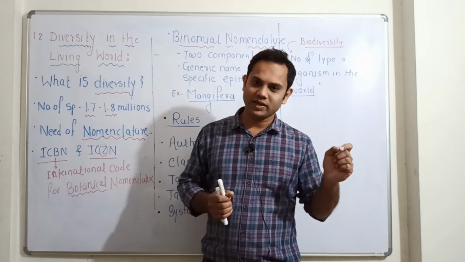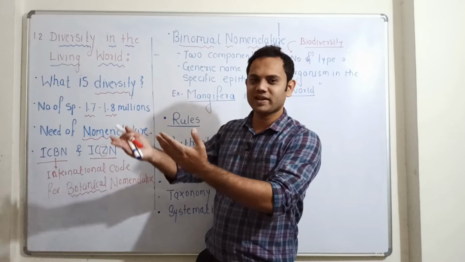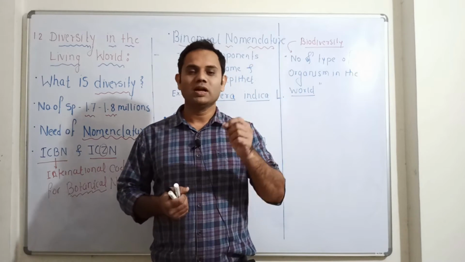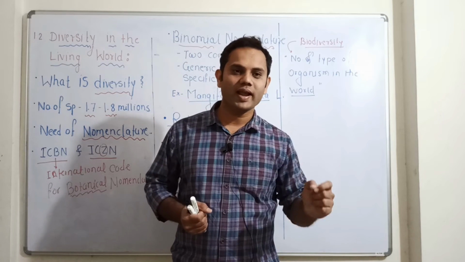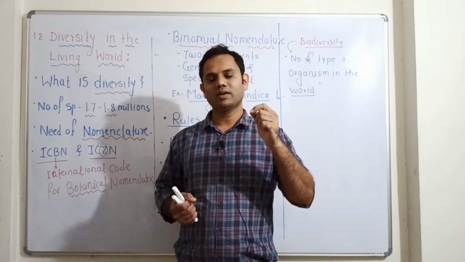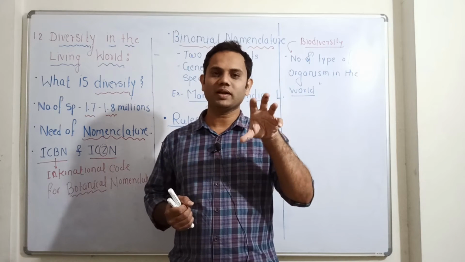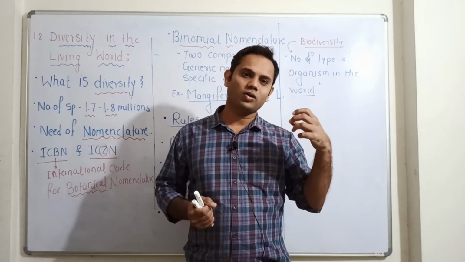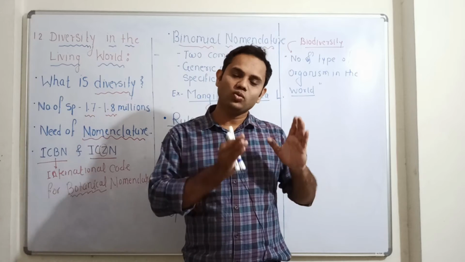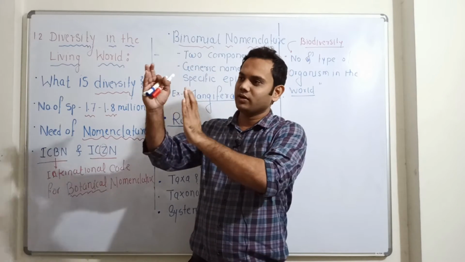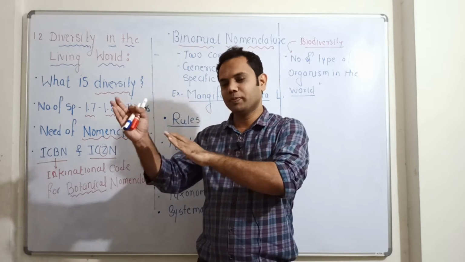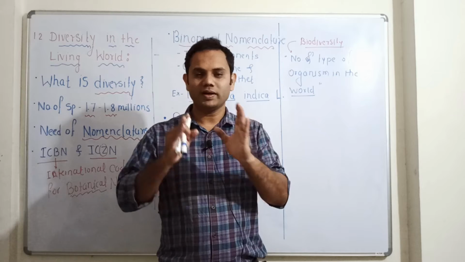Now, I gave you the example of mango. In Marathi it is called amba. If you go to the south, you are not able to tell what you exactly want. So these names are called vernacular names. Vernacular names are those which are spoken in a particular area, and they vary in different regions of India also.